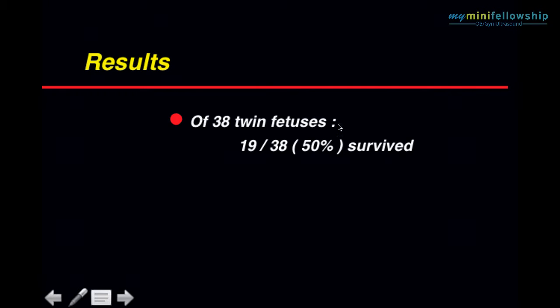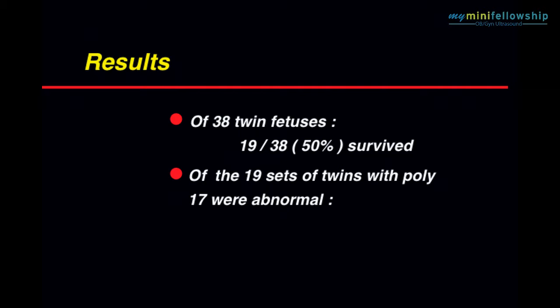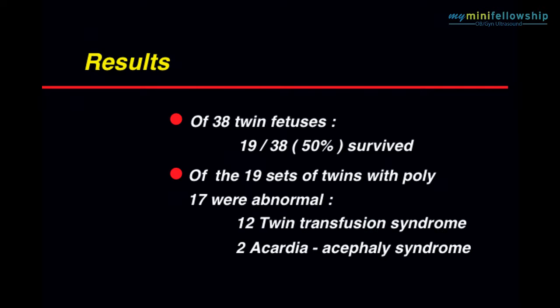Of the 38 twin fetuses, half survived, which means that the mortality rate was also half. Of the 19 sets of twins with poly, 17 were abnormal. But among the abnormalities, they were mostly associated with monochorionicity.